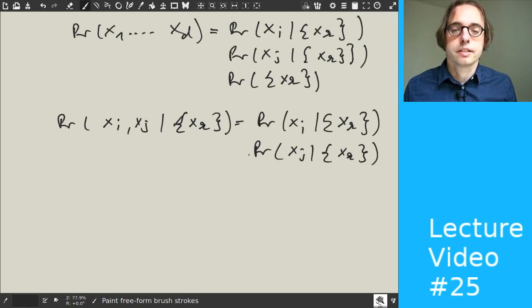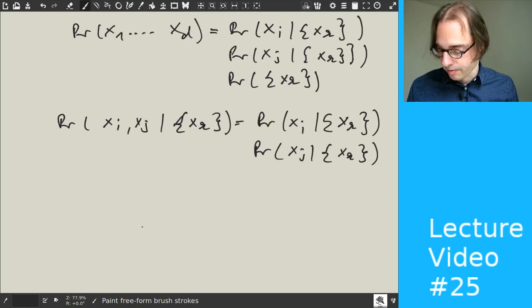And so for undirected graphs, there's also a way to factor the joint distribution.